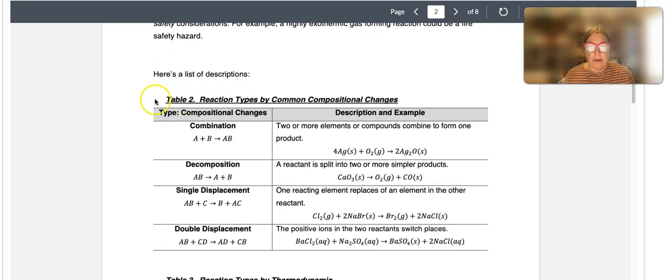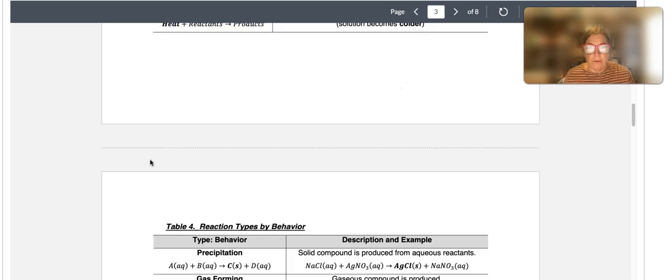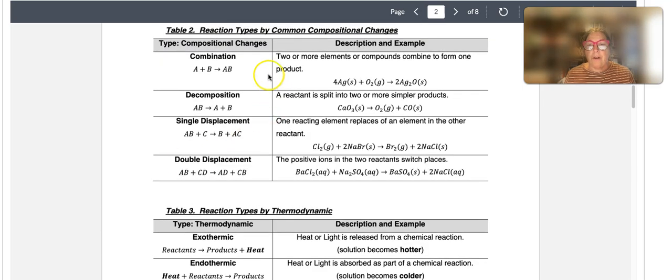So make sure you come back to these table 2, 3, and 4 so that you can answer all 3 types of classifications of reactions. So in other words, the first way you need to classify something is by the compositional change. Is it a combination reaction where 2 things combine into a third different thing? Is it a decomposition reaction where some chemical falls apart into 2 different chemicals?